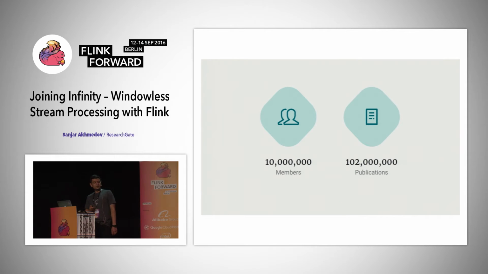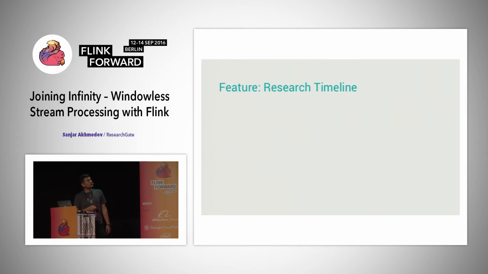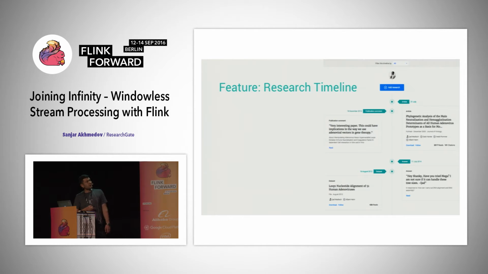This is about implementing one feature for the profile page, a research timeline. It will look something like this. We have contributions of a researcher in chronological order, and these contributions may be publications, comments, articles, questions, answers, and they're spread across the system.